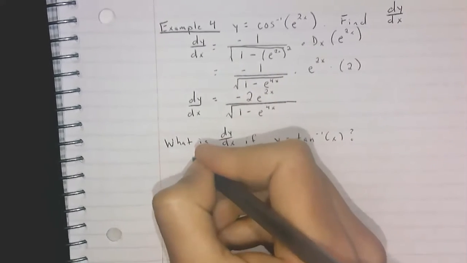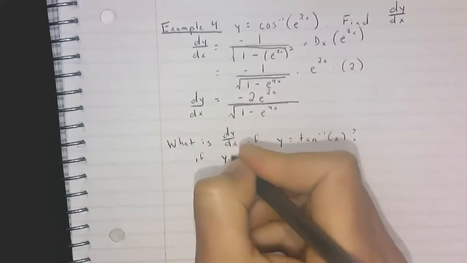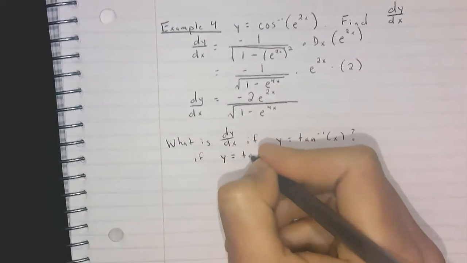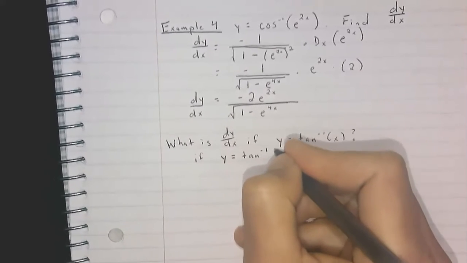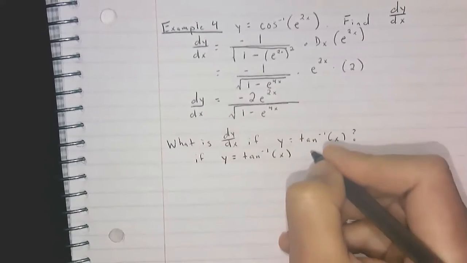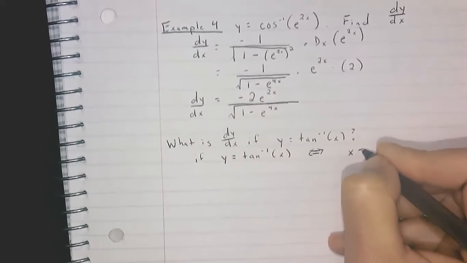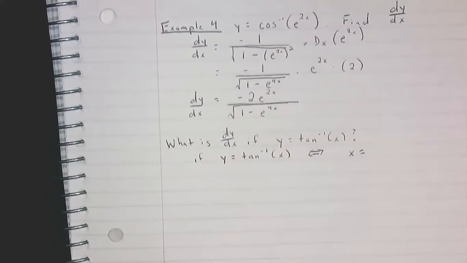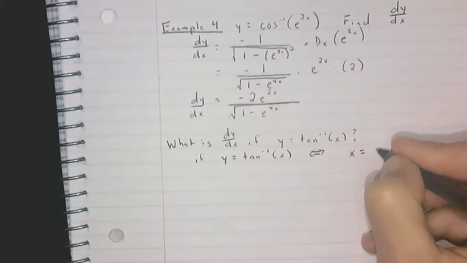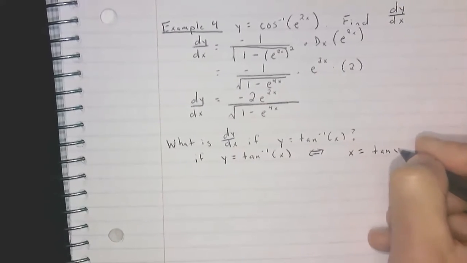So if indeed we're letting y equal the inverse tangent of x, this necessarily means that x must be equal to the tangent of y.